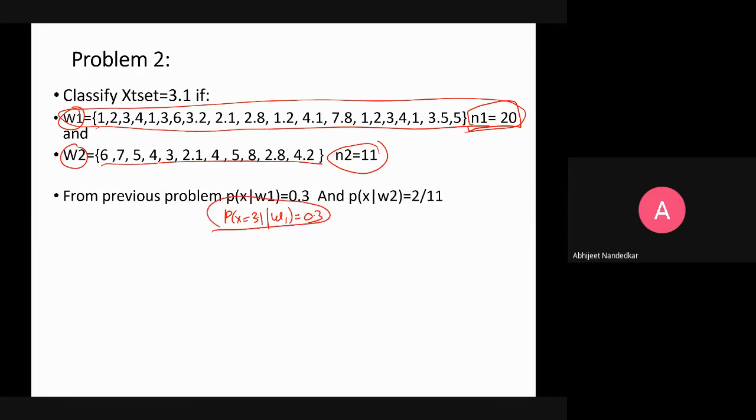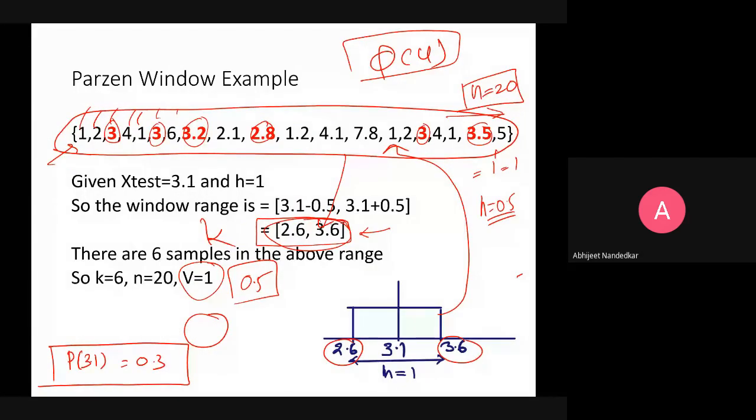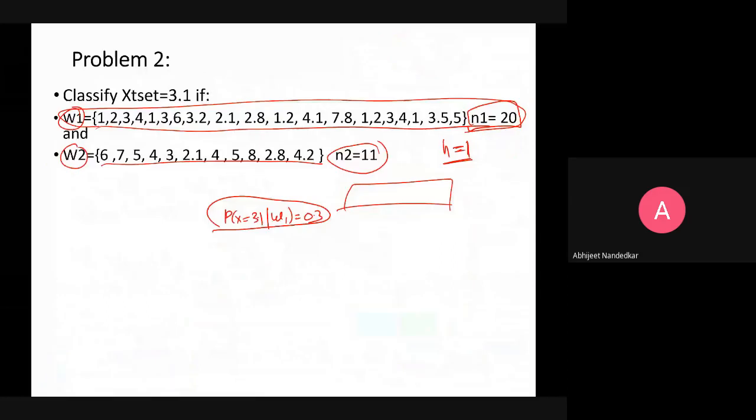Now here we will calculate for omega 2. Again we need h, so I'm taking h equal to 1 in this case. So the range is the same as the previous problem. In the previous problem the range was 2.6 to 3.6, so 2.6 to 3.6 is my range.